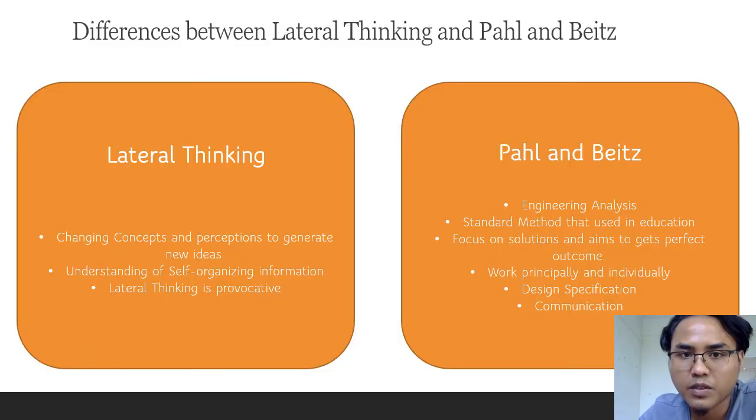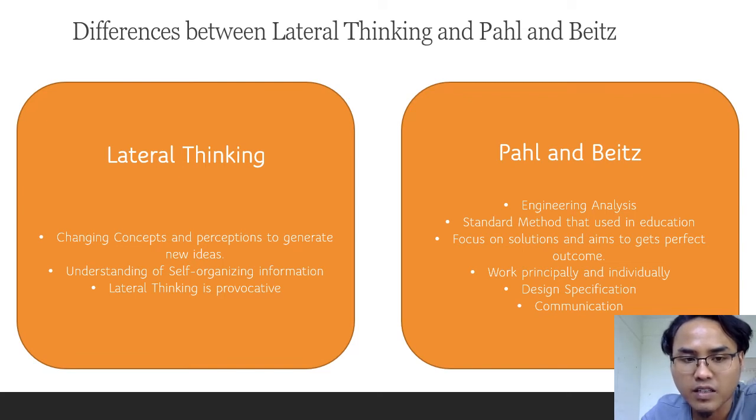The differences between lateral thinking and the Pahl and Beitz model: lateral thinking is changing concept and perception to generate new ideas. This means the process of creating and developing new ideas, so we can change the concept application to generate new ideas.